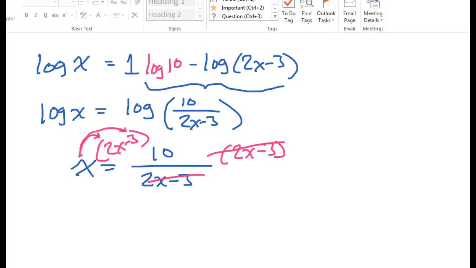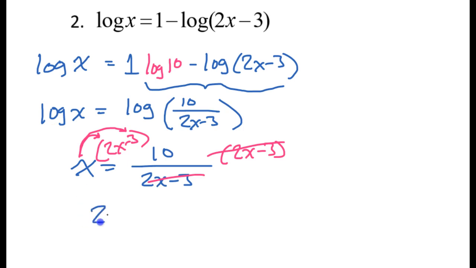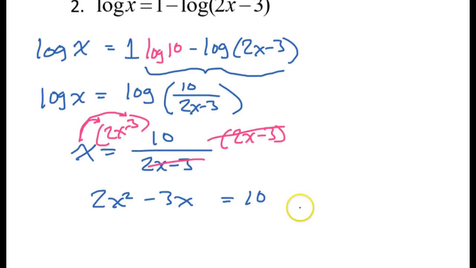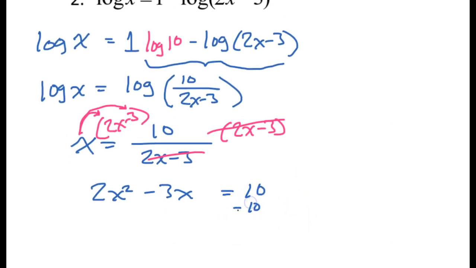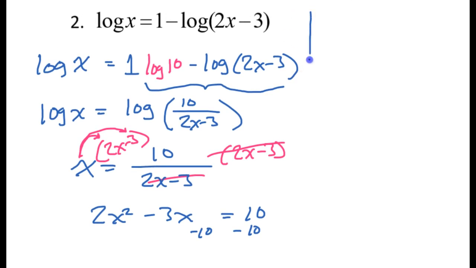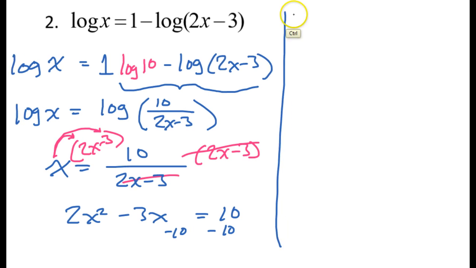So that's going to give me 2x squared minus 3x is equal to 10. Subtracting 10 from both sides. Okay, I think I'm going to bring this up so I have more room. So now I will have 2x squared minus 3x minus 10 is equal to 0.